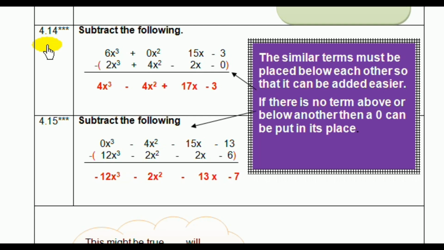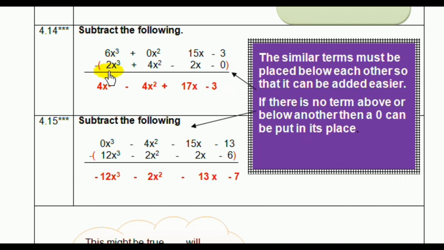For 14 now, if you look at your study guide and there's 414 there, you will see that there are no zeros in those places. Now you can leave it out, it is exactly the same, but just to explain this I've written down the 0 and try to explain it here. That's a placeholder. You put all the similar terms underneath each other.